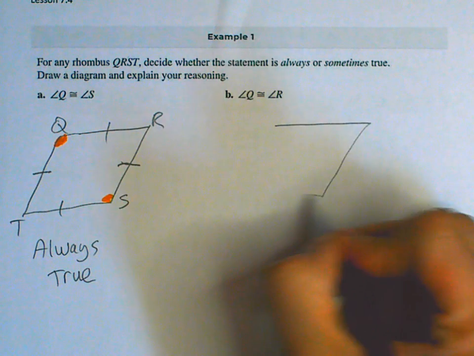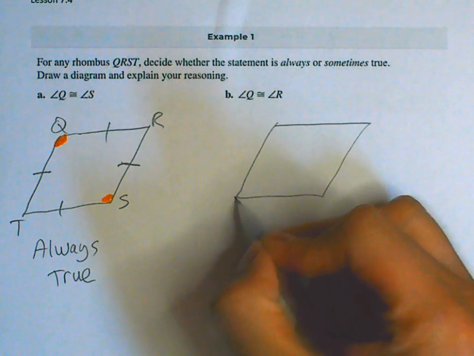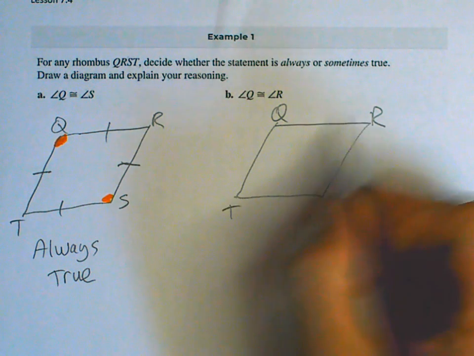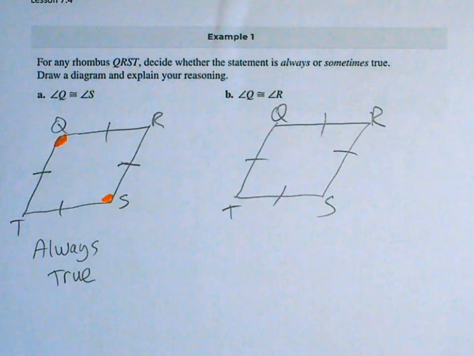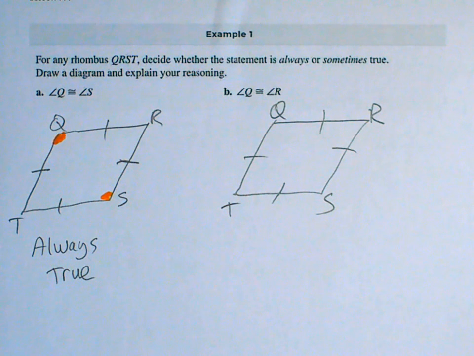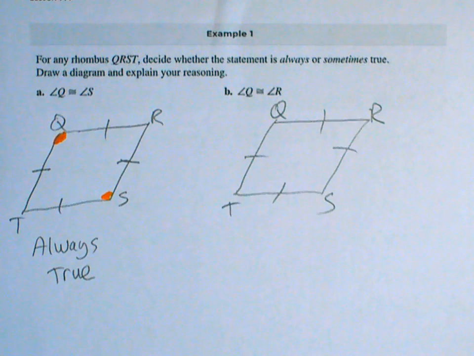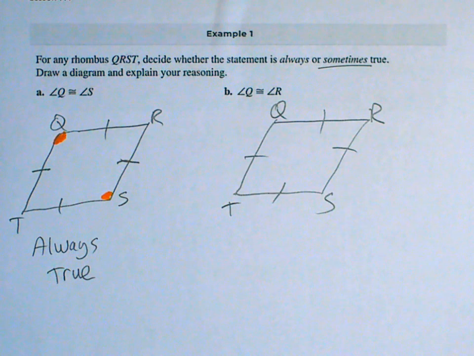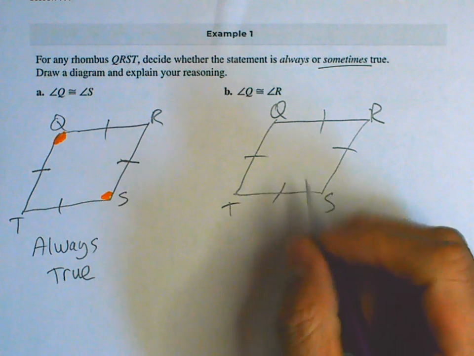Let me draw the second diagram. If you want to do one diagram for both, knock yourself out. Will Q be congruent to R? Well, it's not going to be always, definitely, because there's a lot of cases where it's not. But it's going to be a sometimes. When is a case where Q and R are going to be congruent? Well, they can only be congruent if they are right angles. So this is only going to happen when this is a square.